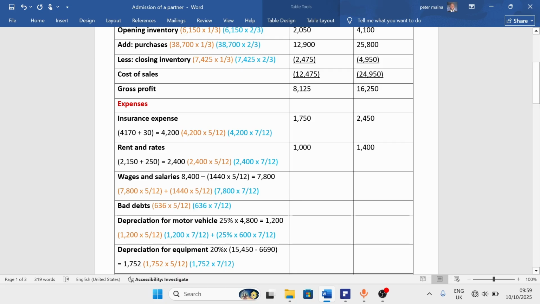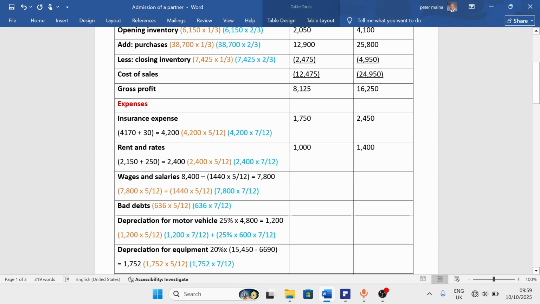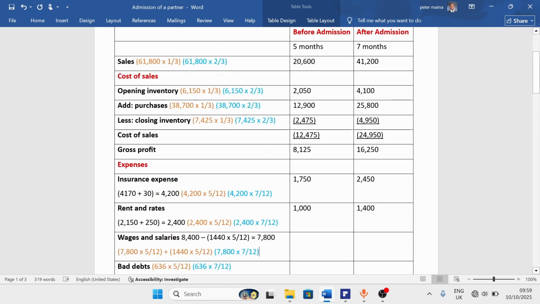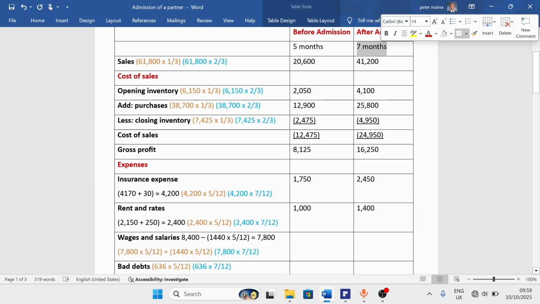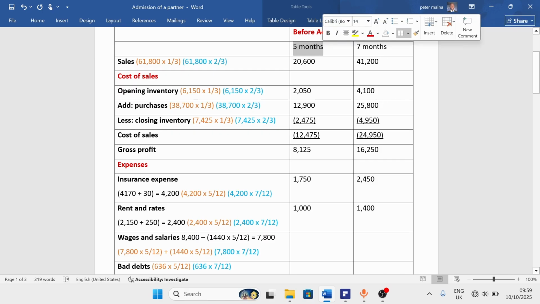So remember, in the trial balance, the amount of salary that we are given is 8400. We want to deduct the amount that was paid to Carol. The reason being, the salary that was paid to Carol does not belong to the last 7 months. It belongs to the first 5 months.